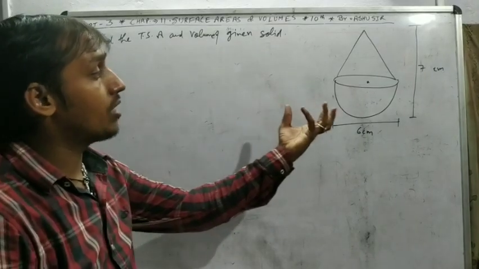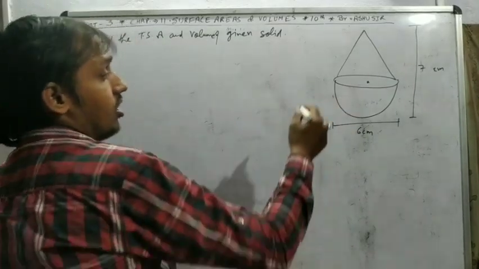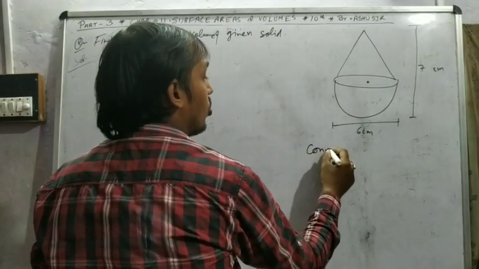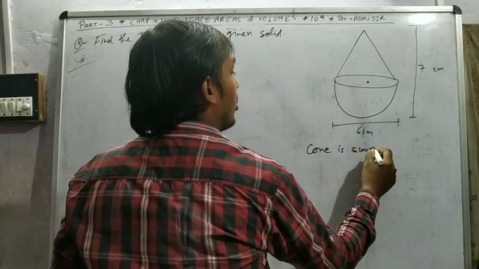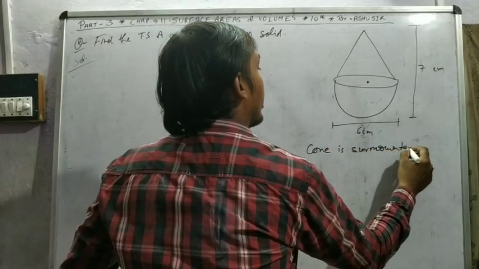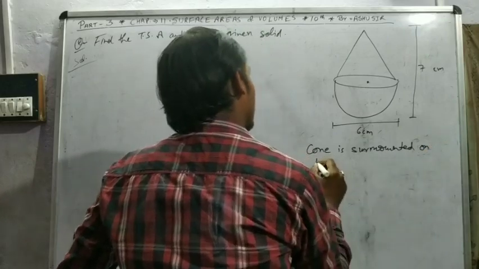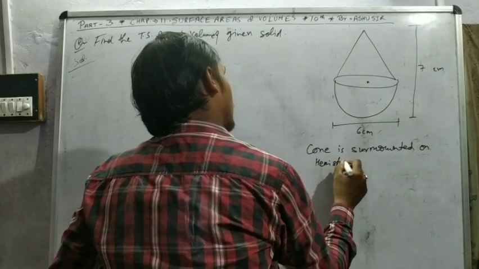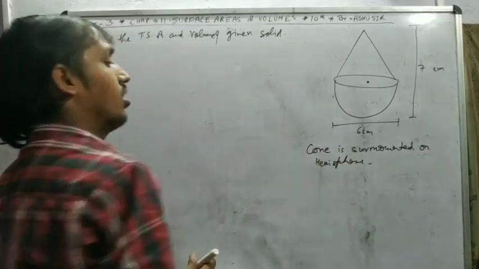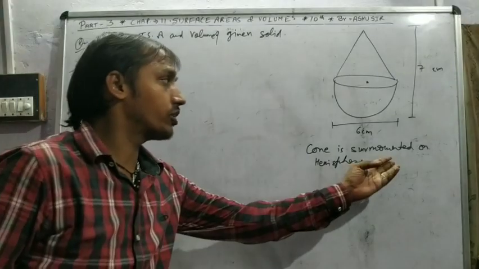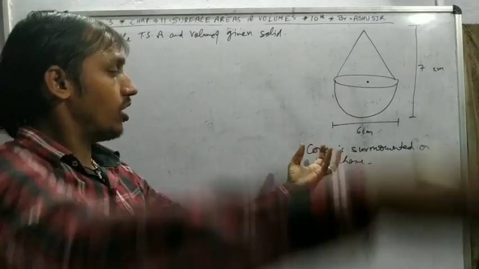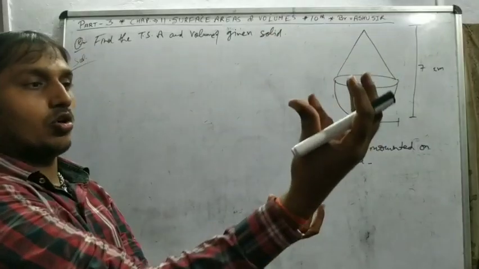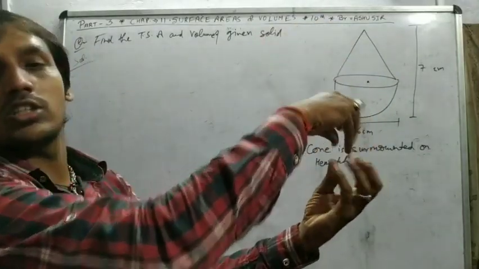They are called surmounted. What does it mean? Cone is surmounted on hemisphere. My students don't know the meaning of surmounted. It means the cone is put on the hemisphere. This is the cone, this is the hemisphere, put on it.